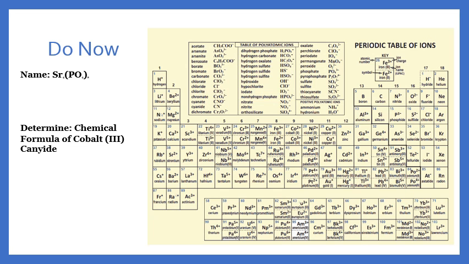So the do now asked you to name Sr3(PO4)2. So Sr is a group 1 or 2 metal, so we do not need to put the Roman numeral in there. So it's strontium.